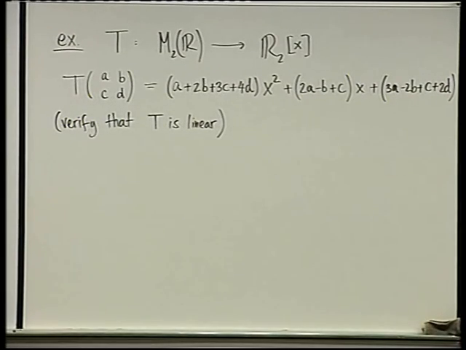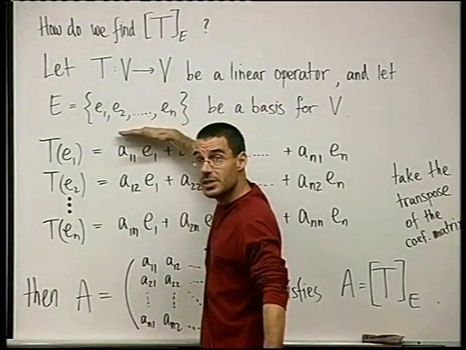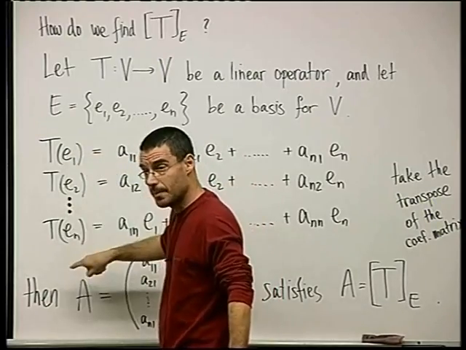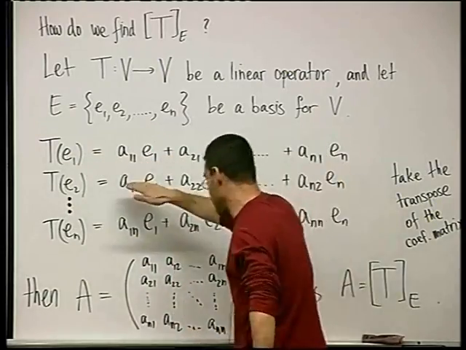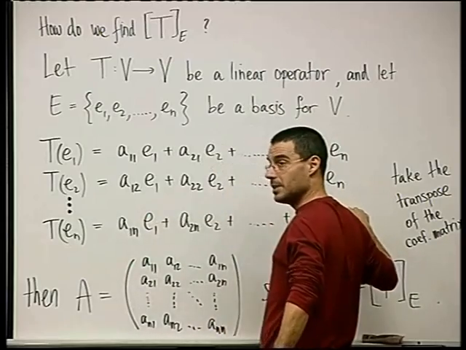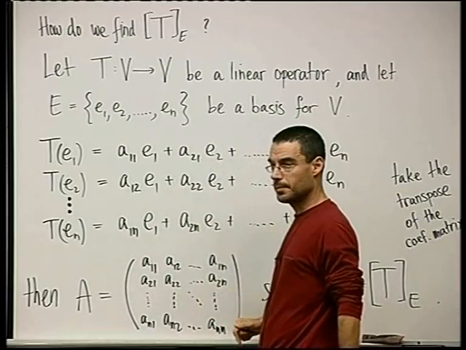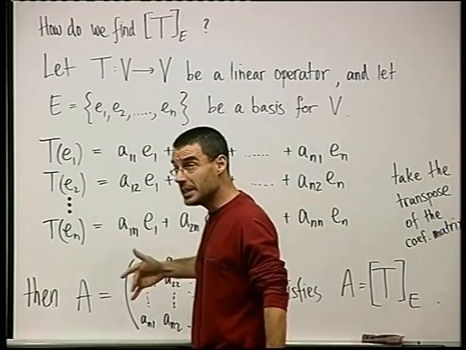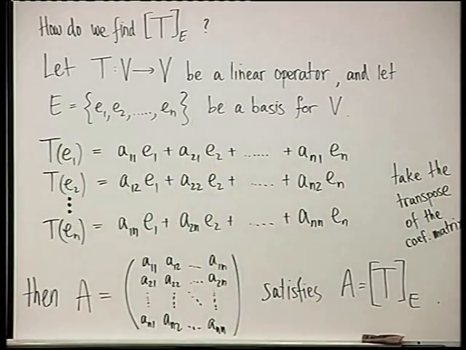Let's look over here. When it was the same space, we chose a basis, right? Did T to the basis elements, wrote them as linear combinations of basis elements, and then took the transpose, right? That's what happened here. Okay, now we're going to do the exact same thing, slightly differently. We're going to choose a basis for this.